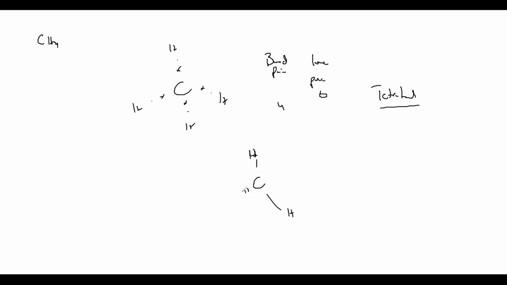One will be out of the plane and another one in, like a 3D structure, with a bond angle of 109.5 degrees. So you have to learn this angle as well. Whenever 4 bond pairs are there, the geometry is always tetrahedral, with a bond angle of 109.5 degrees.